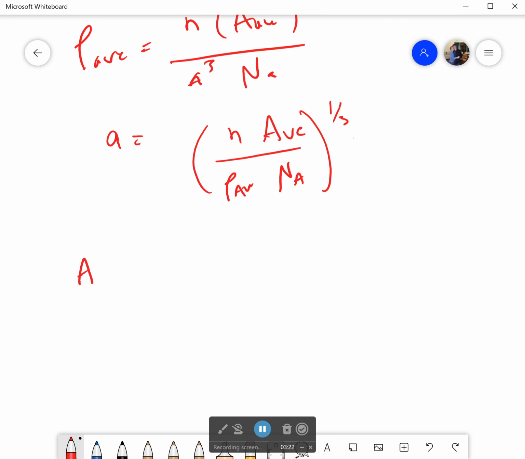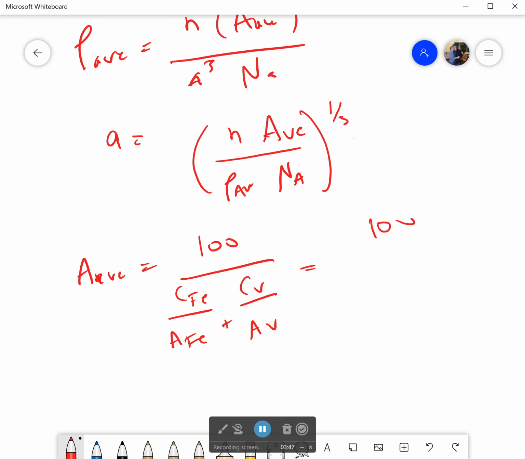My atomic weight average would be equal to 100 over the weight percentage of iron over the atomic weight of iron plus the percentage of vanadium over the atomic weight of vanadium. If I plug everything in, I would get the following. I'm not going to bother plugging all these numbers in because I'm just going to do it in my calculator at the end.